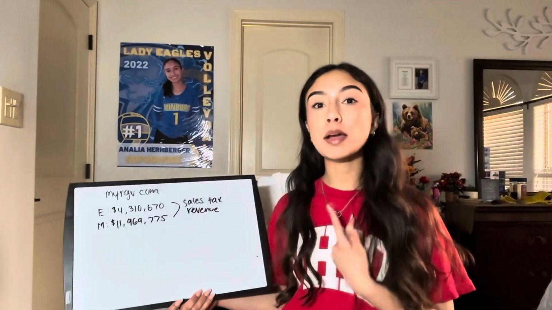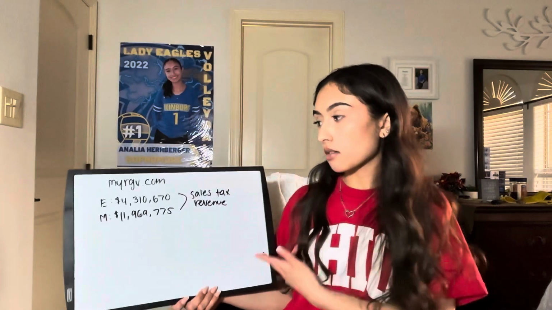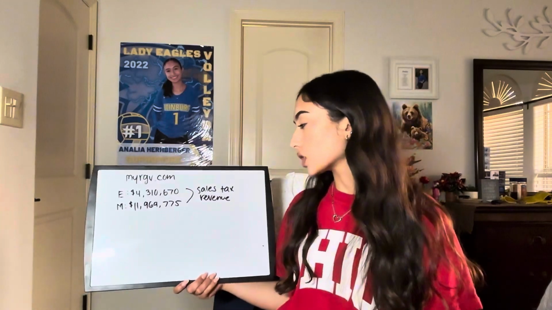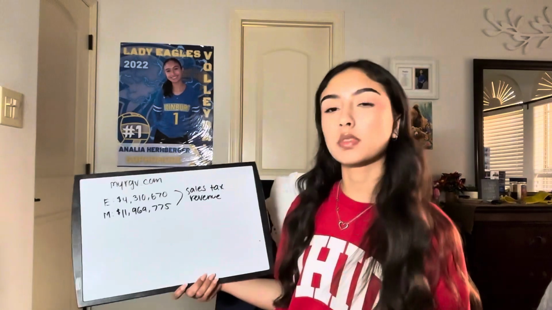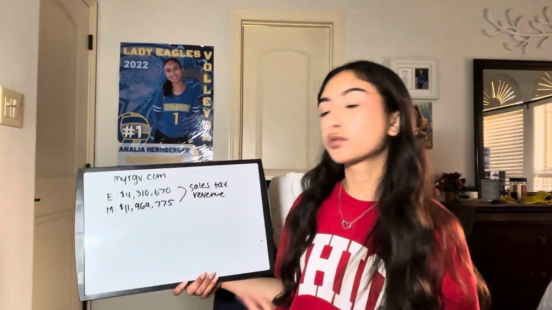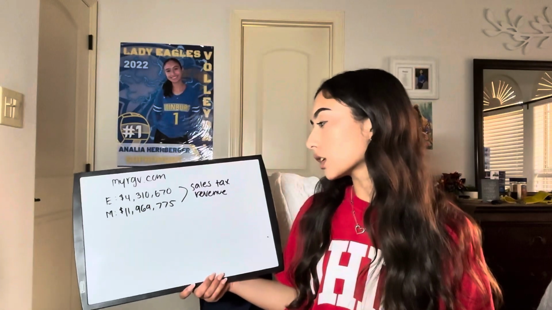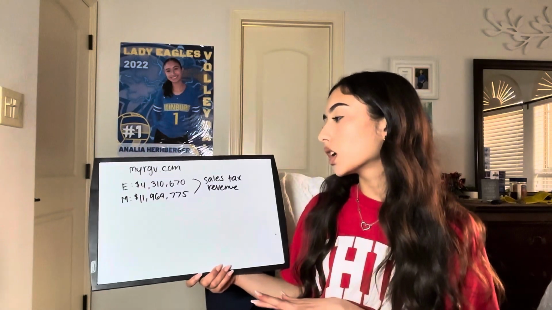It was an observational study, and what could be done for future research is to get a larger sample of different people, not just IDEA students, but asking people in the community who live in the RGV. You can compare my study to statistics from myrgv.com, which shows the sales tax revenue of both of the cities. Edinburgh came out to around 4 million, and McAllen's sales tax revenue came out to around 12 million.